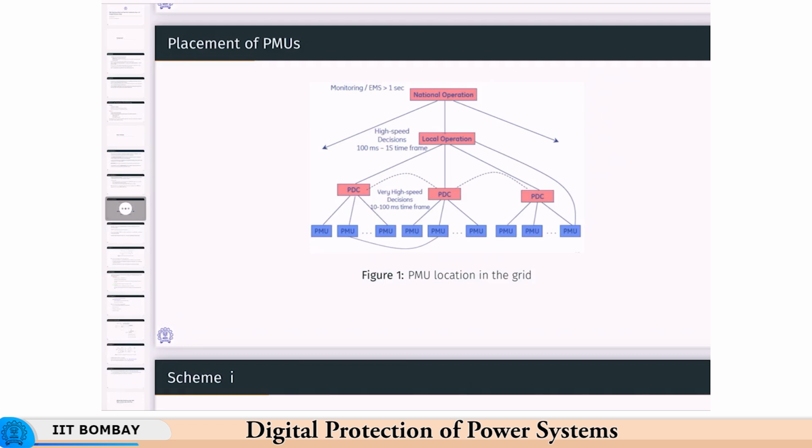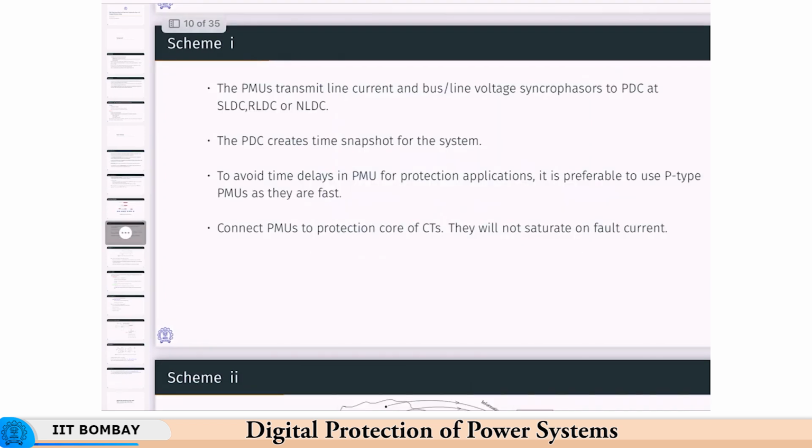The time frame is about 1 second, which fits neatly into the zone 3 kind of time also. That is one reason why, for this scheme at least, zone 3 is operating, because of the latencies of the communication and the analytic itself taking time to come up with a decision, and zone 3 of the distance relays is supervised. Because for other zones you will require some kind of prediction, which is not handled by this analytic.